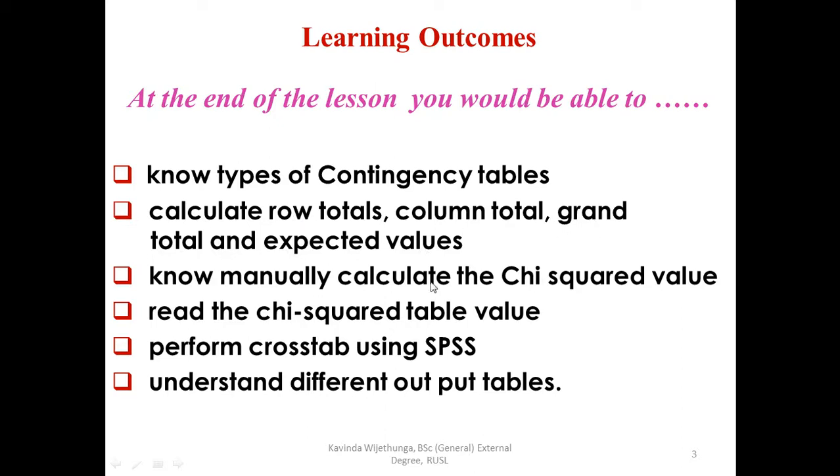You know how to calculate the chi-square value manually, read the chi-square table values, perform crosstabs using SPSS, understand the different output tables and interpret the data. So I think you have a clear understanding of the contingency table.